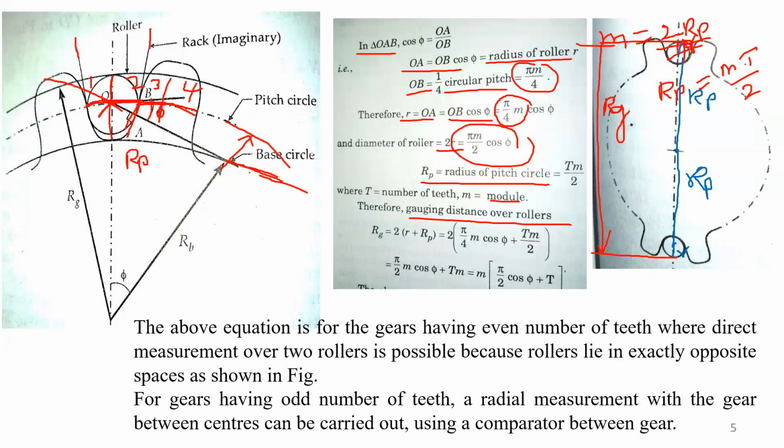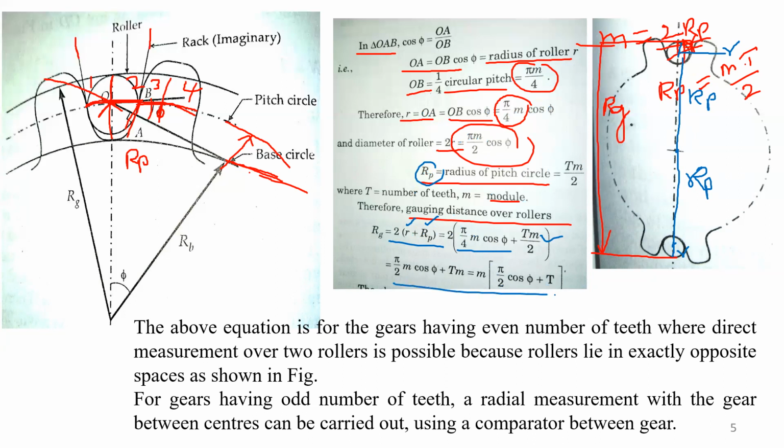So the total gauge reading RT is equal to RP plus r plus RP plus r, so 2 times small r plus RP. Small r is pi by 4 m cos phi, and capital RP is equal to tm by 2. Simplifying this, we get m into pi by 2 cos phi plus t.